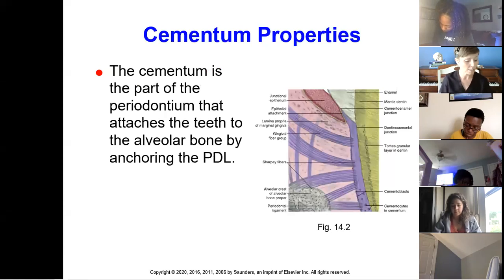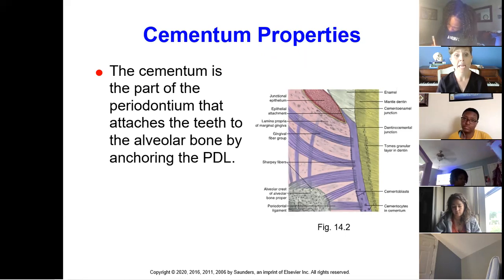All right, so let's go ahead and talk about the cementum. The cementum is the part of the periodontium that attaches the teeth to the alveolar bone by anchoring the periodontal ligament, okay? You can see these purple fibers, these are called the periodontal ligament, and they attach to the cementum and then attach to other structures.